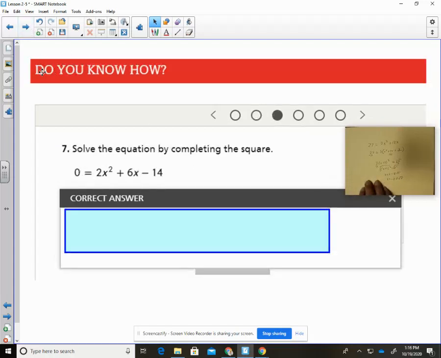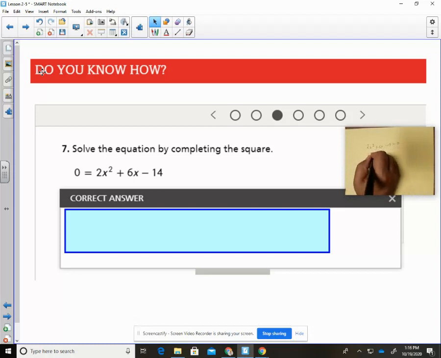Number 7, solve the equation by completing the square. Okay, so we got 2x squared plus 6x minus 14 equals 0. Now, you could go ahead and divide by 2, but that's going to give you 3 in the middle, and you'll have fractions in there.